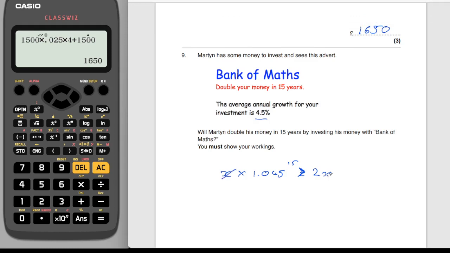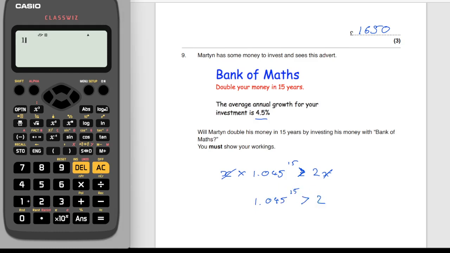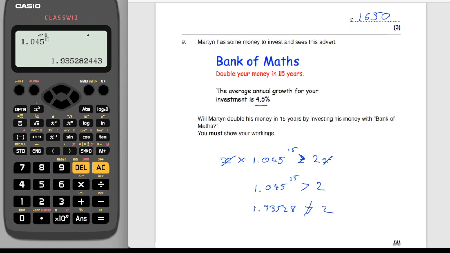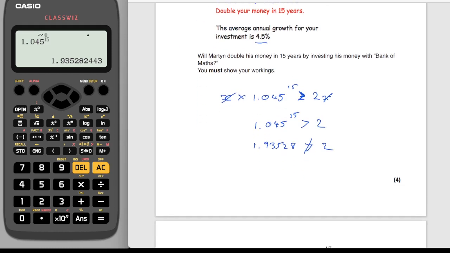We can simplify that, and just say is 1.045 to the power of 15 bigger than 2? So 1.045 to the power 15 gives us a value of 1.93528, which is not bigger than 2. So, will Martin double his money? Not quite. No, not quite.